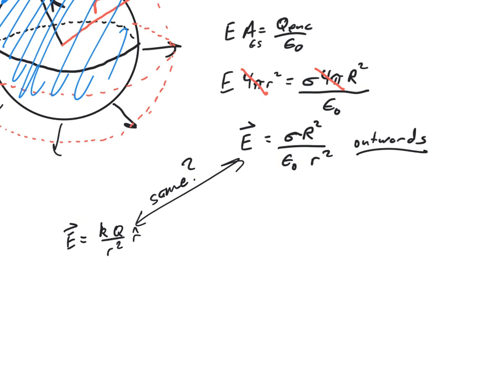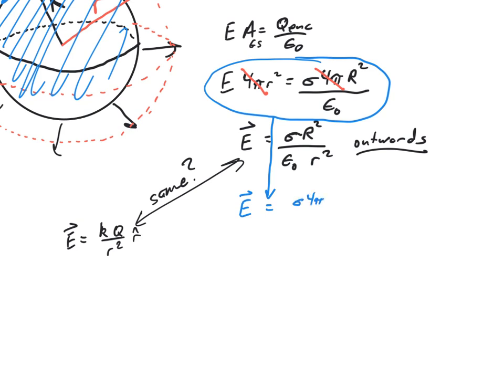To figure that out, I'm going to use this equation, and instead of canceling out like I did earlier, I'm going to say the electric field is equal to sigma 4 pi R squared, in parentheses, divided by, keeping this 4 pi here, 4 pi epsilon naught, then the r squared.